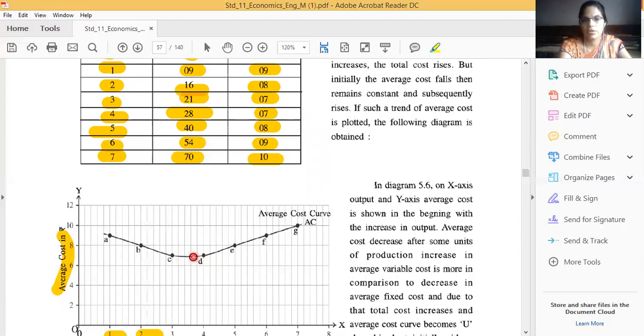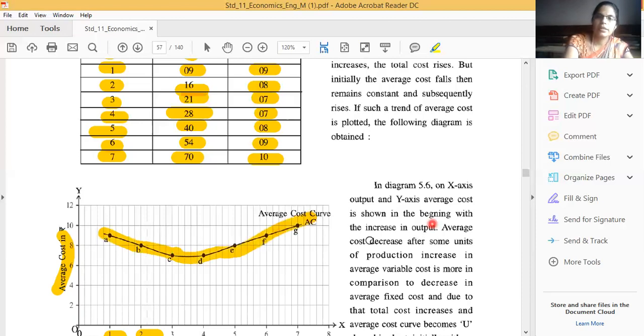This is the average cost curve, and because both are the same for 3 and 4 units, it has 7 and 7. Average cost is 8 for 5 units, average cost is 9 for 6 units and average cost is 10. So we got these points A, B, C, D, E, F, G and if we join all these points we will get the U-shaped average cost curve.